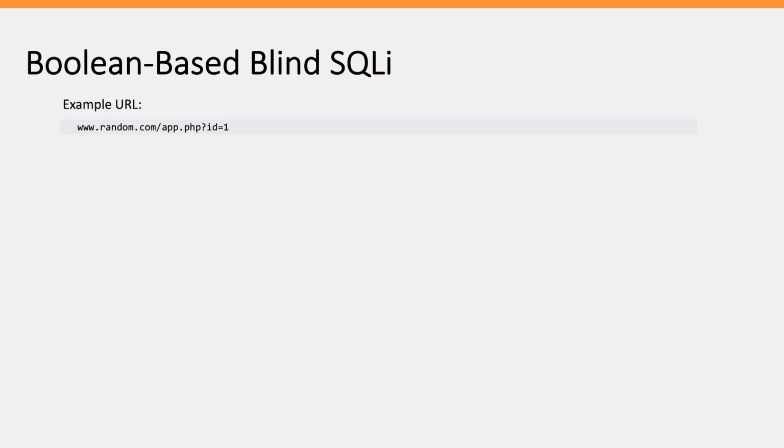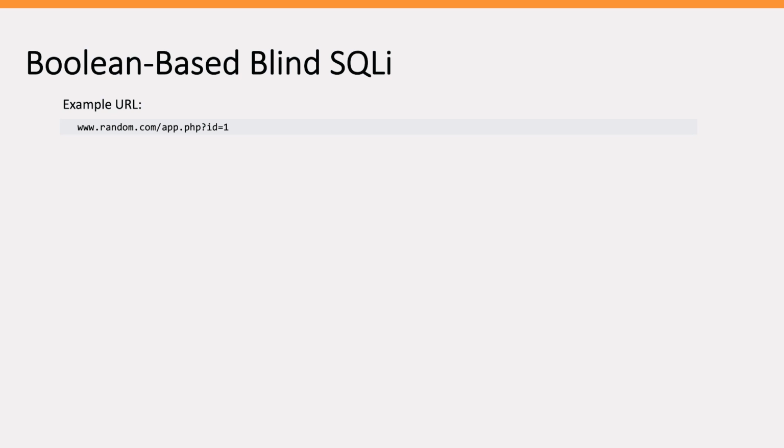Now, let's take an example so that this becomes a little bit clearer. Imagine, again, you have an application, www.random.com, and it has an ID parameter that is vulnerable to blind SQL injection. And imagine in this case, you can't simply use the union operator to output data in the database like we did with union-based SQL injection.